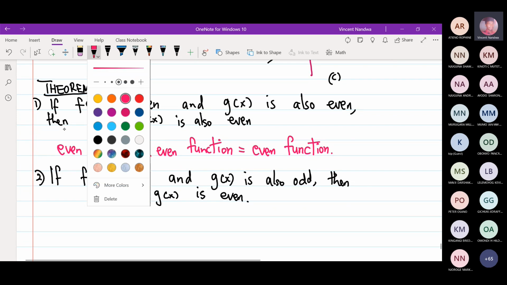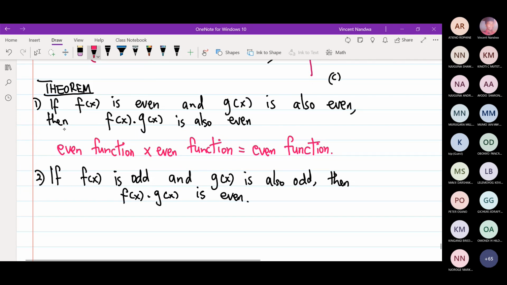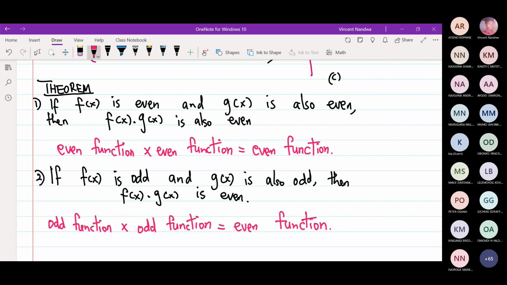So this means that an odd function times an odd function always produces an even function. The product of an odd function and another odd function gives you an even function.